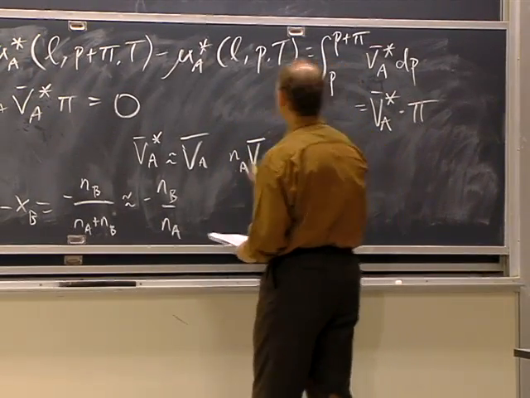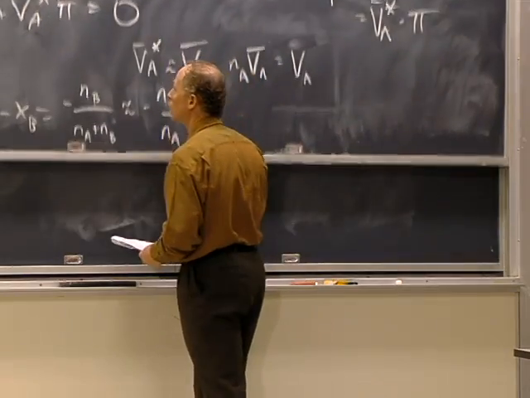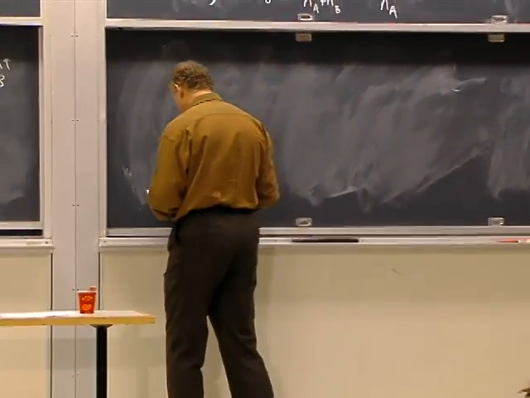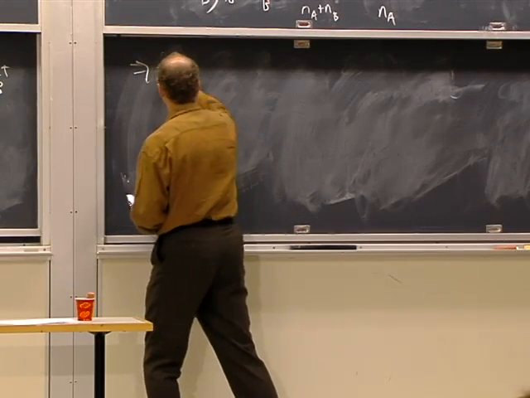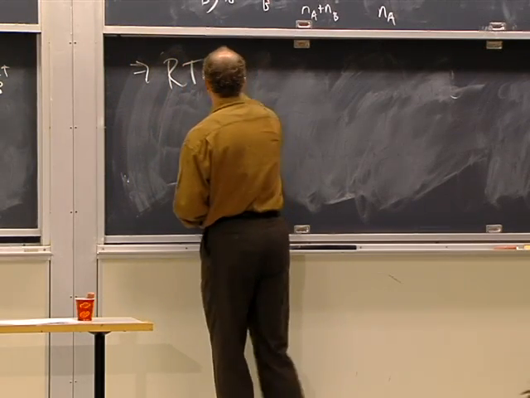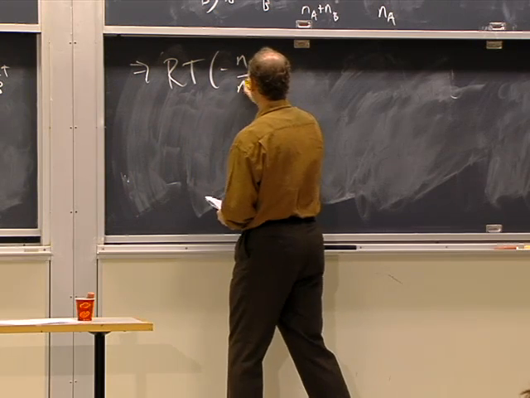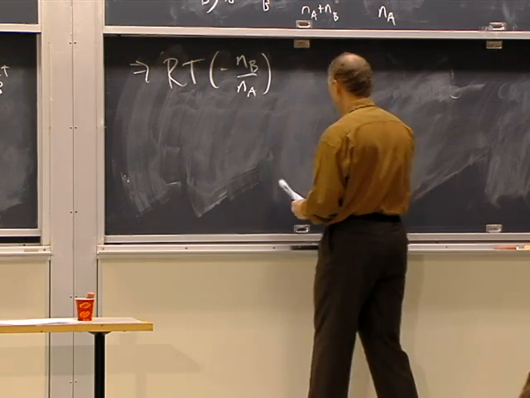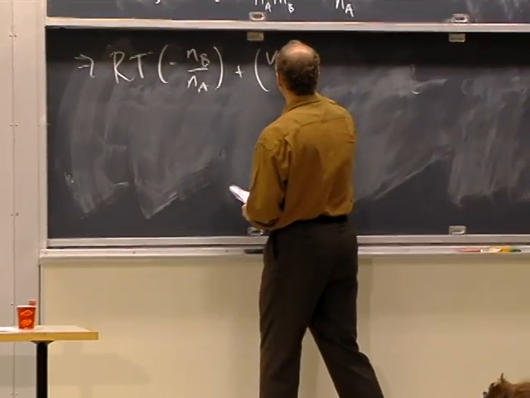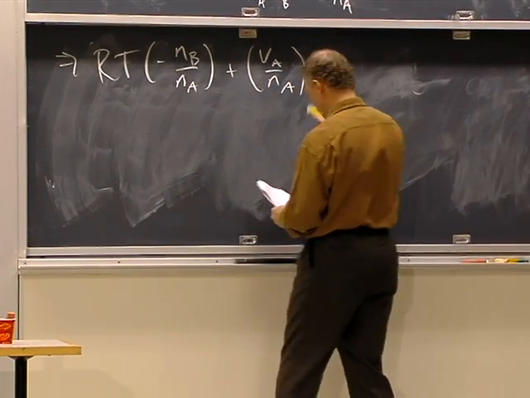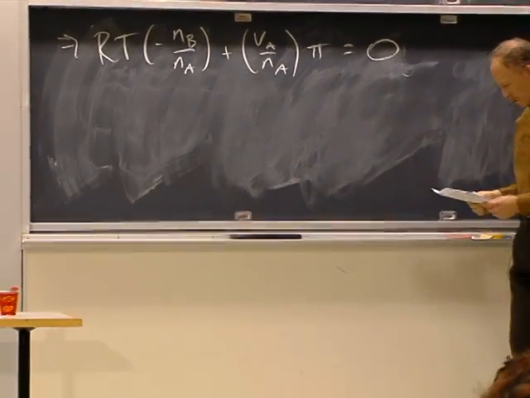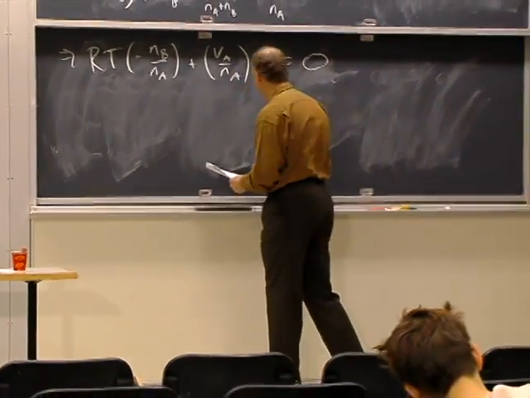All right, and using these two results, then we have that RT times negative NB over NA, that's this result, plus VA over NA times pi is equal to 0. NA will cancel.